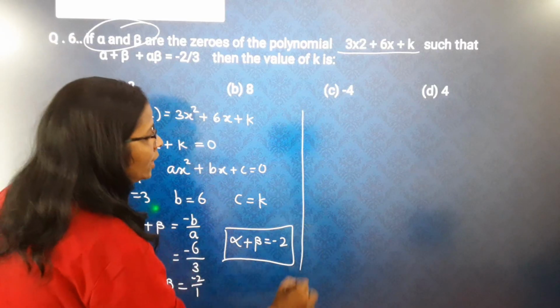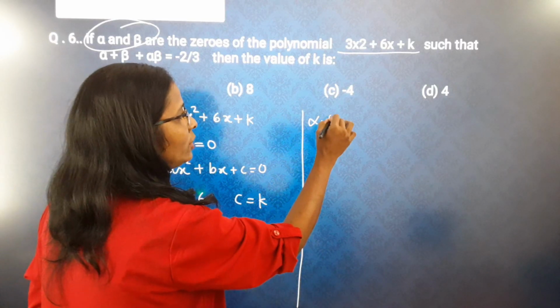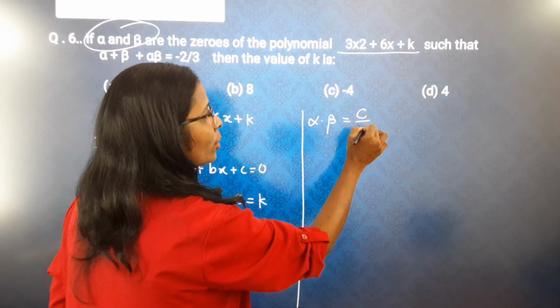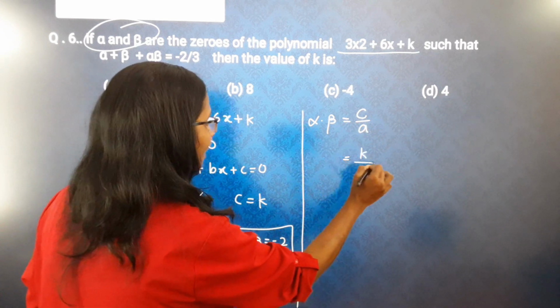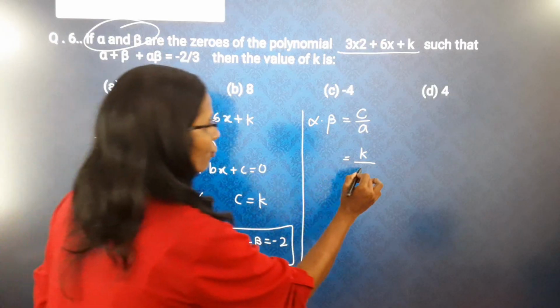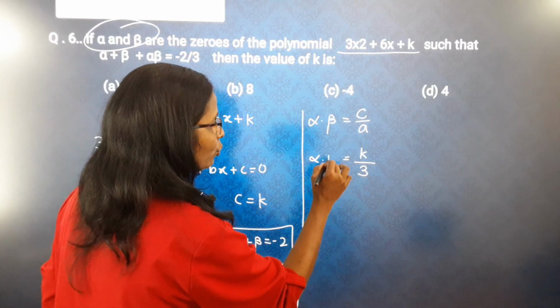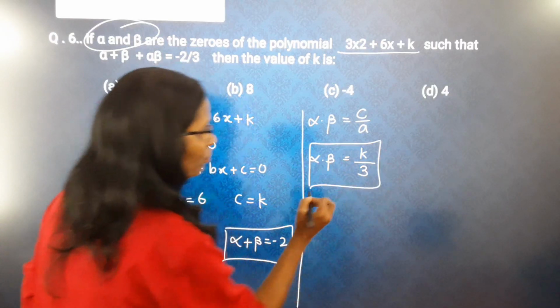Okay, so now the next one, that is the product of the zeros of the polynomial. Formula is c upon a. So now c is here k and a is 3. So alpha into beta is equal to k upon 3.